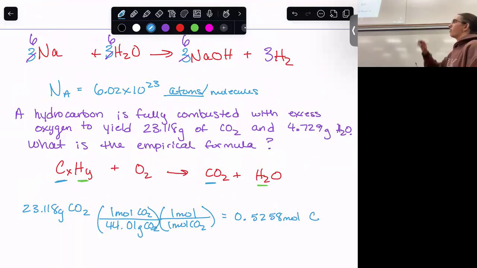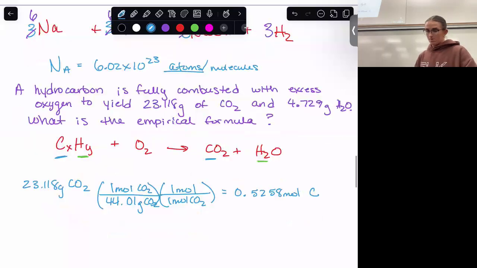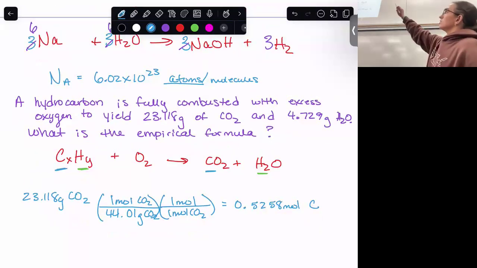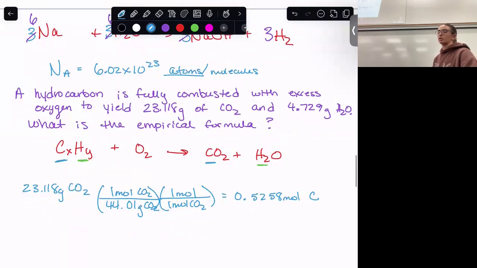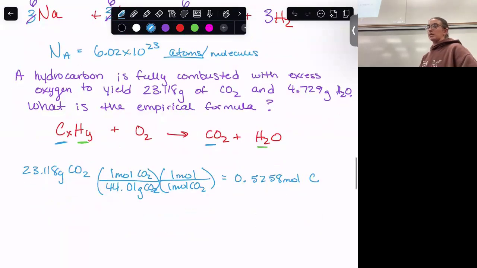So if I said how many atoms of carbon is that, then you would multiply by Avogadro's number. But that doesn't matter here for the empirical formula because we just need a molar ratio between the two of them. That unit on Avogadro's number can change. That can be water bottles, shoes, anything like that. So that's always changing, but it's always equal to 1 mole. So you have to be in moles first before you can use Avogadro's number.